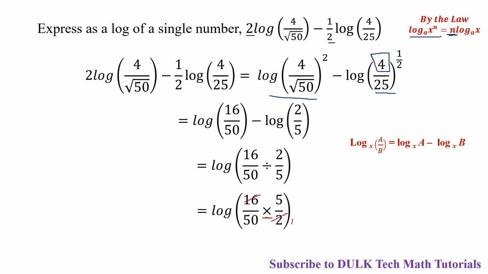This 2 into 16 will give us 8. Then 5 into 5 is 1. 5 into 50, it is 10. So, we now have 8 over 10, and we can reduce it. We find out that it's log 0.8. Right, let's move on to our next example.